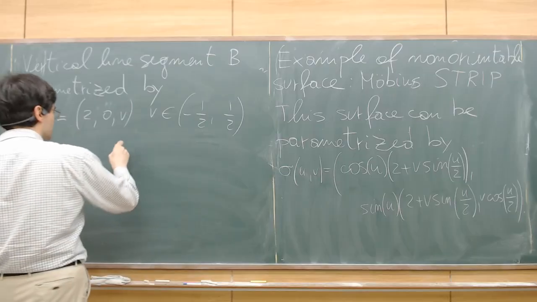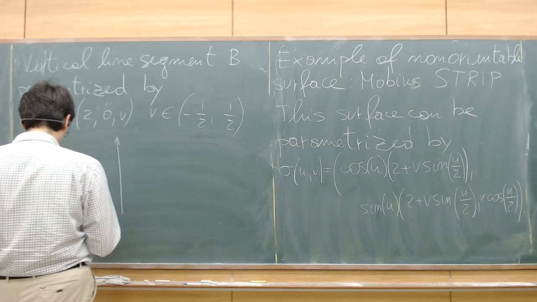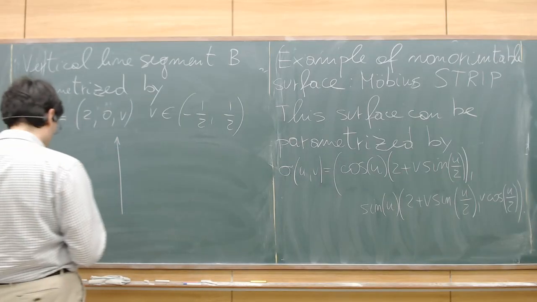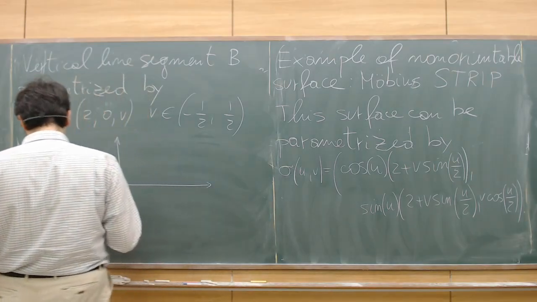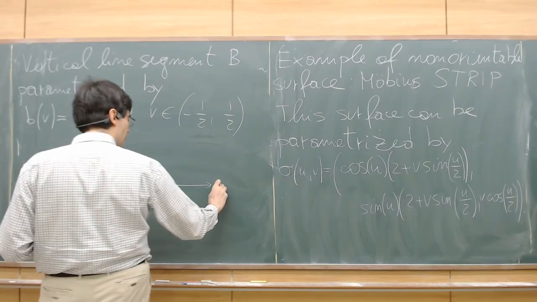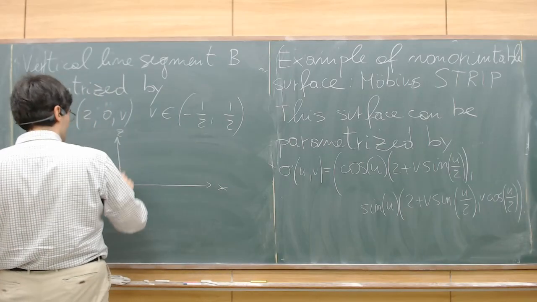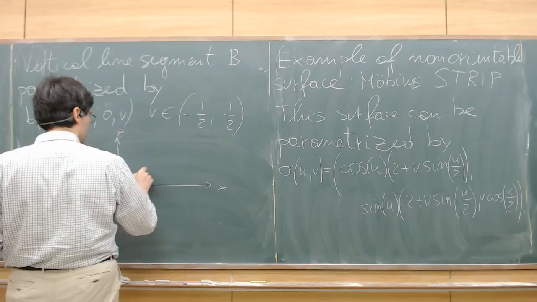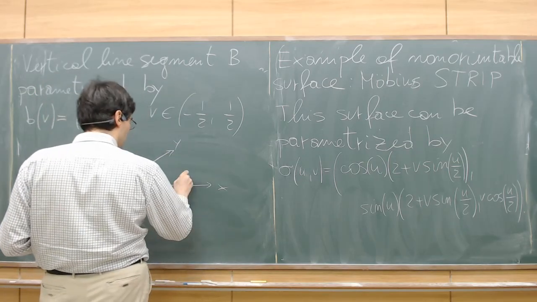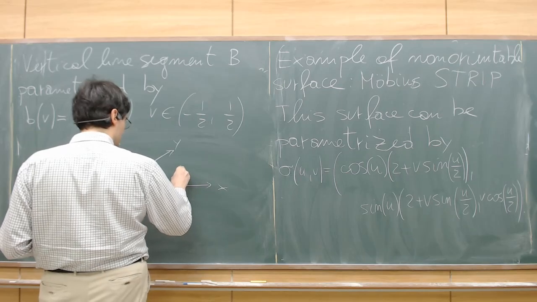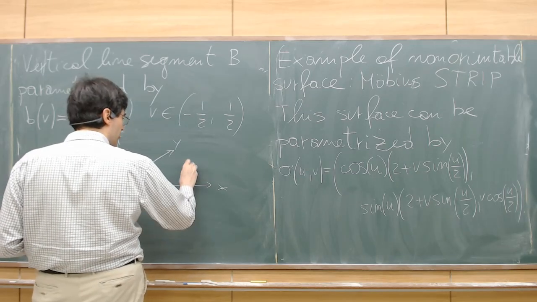So essentially, if we try to make a picture, what you get is for example this. This is B.